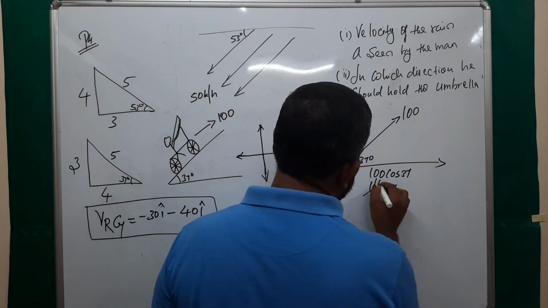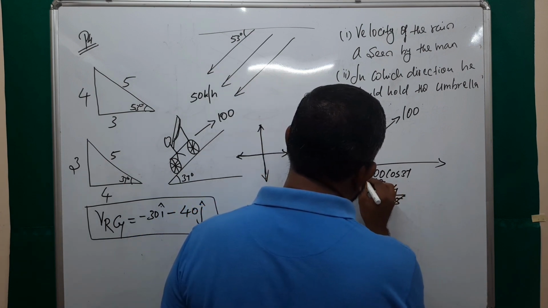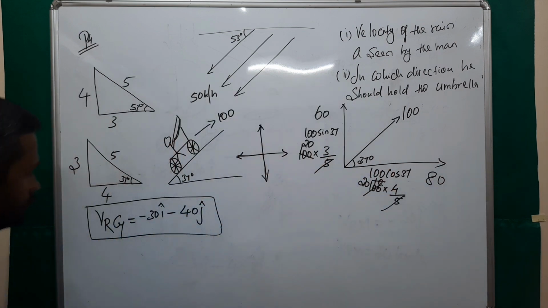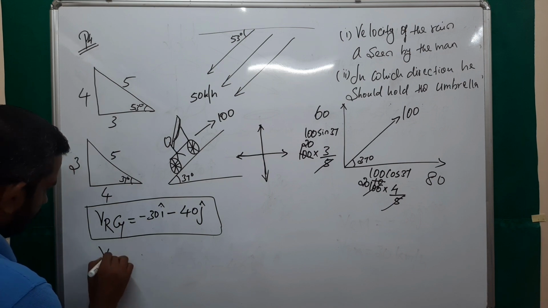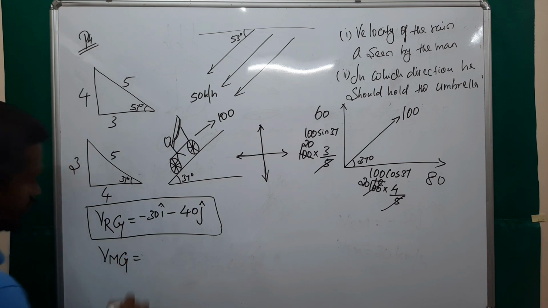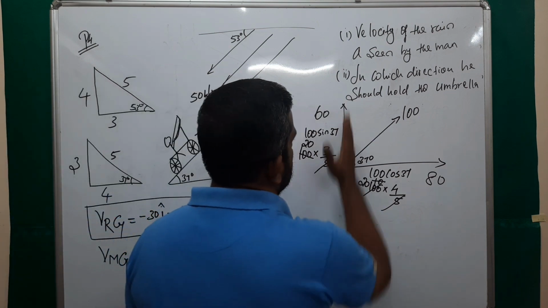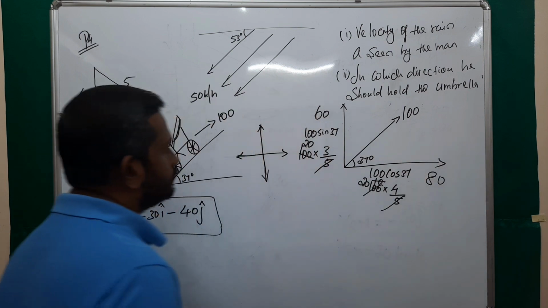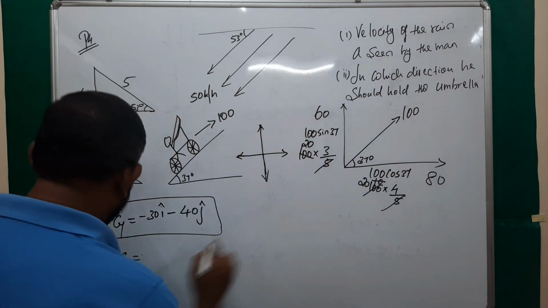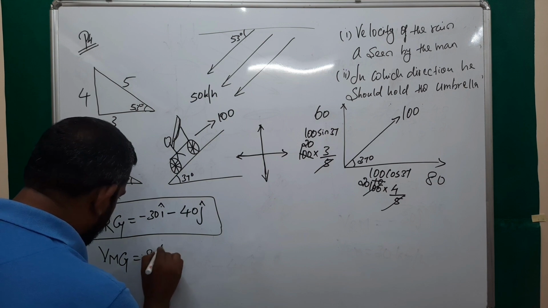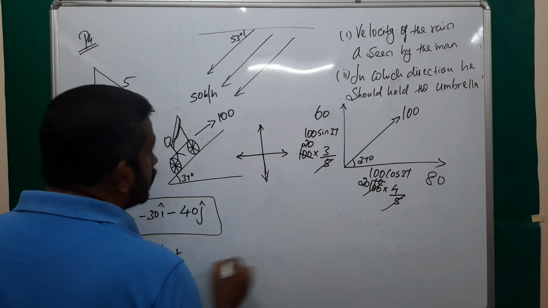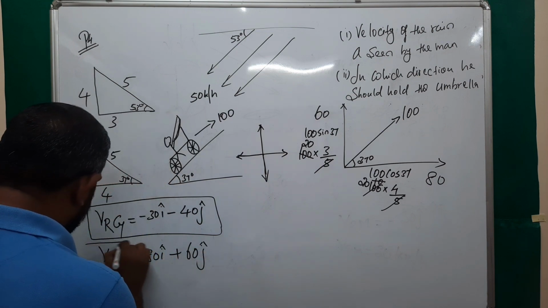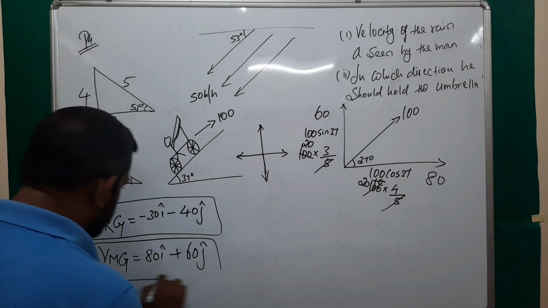So we can write the velocity of the man with respect to the ground. This is the positive y-axis, this is the positive x-axis. So it is 80 i cap plus 60 j cap. This is the velocity of the man with respect to the ground.